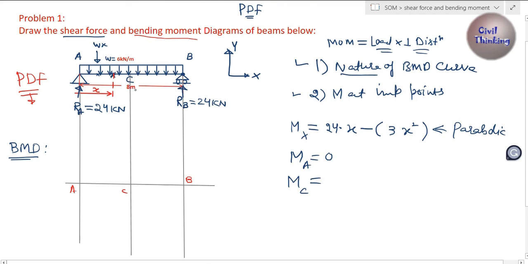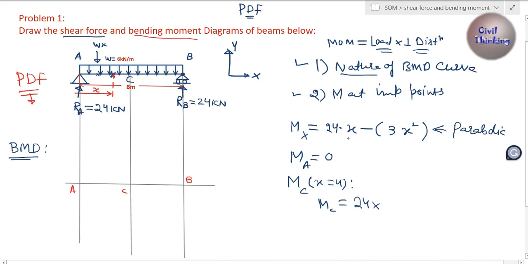Now let's find moment at C, the midpoint. Moment at C, what is the value of x? C is in the midpoint of the span of the beam. Total span is 8 meters. So from A to C is half of 8, which is 4, right? Moment at C means x is equal to 4, right? It is going to be moment at C is equal to 24 multiplied by x. Look at this equation.